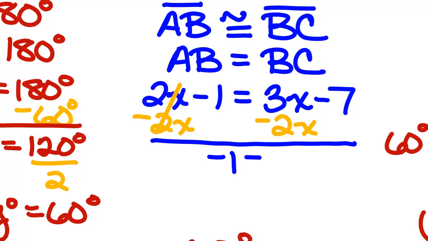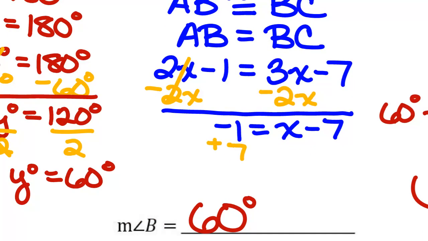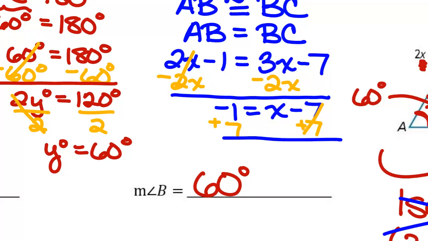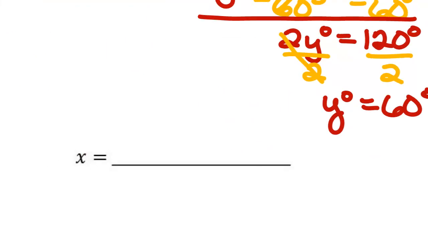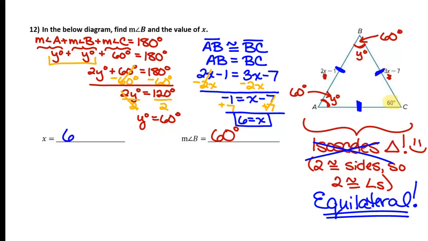I get negative 1 equals x minus 7. Then we add 7 to both sides. And that means x is what? x is 6. Nicely done.